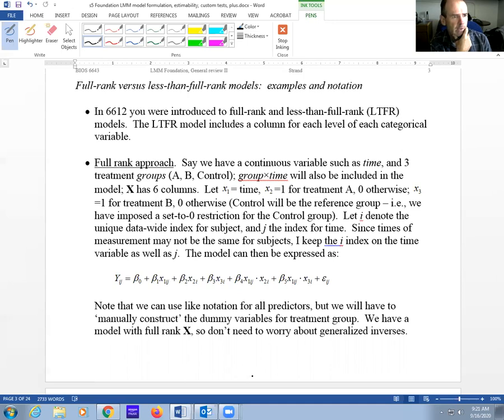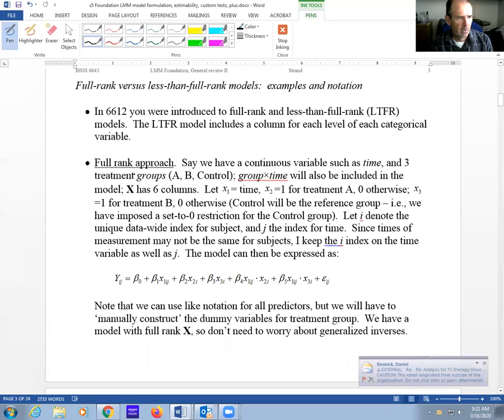And so here's one example where we're looking at a study where, this time, we're going to model time as continuous. And we have 3 treatment groups. We have treatment A, treatment B, and control. And we're going to add the group by time interaction. Okay.